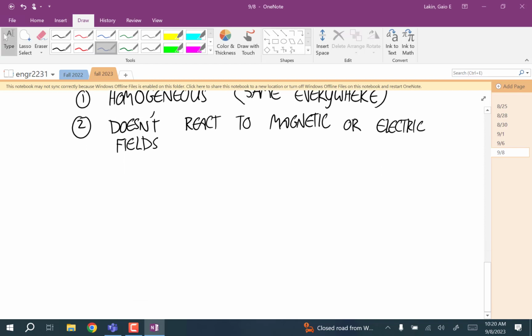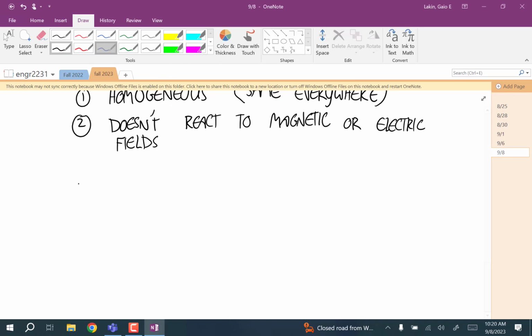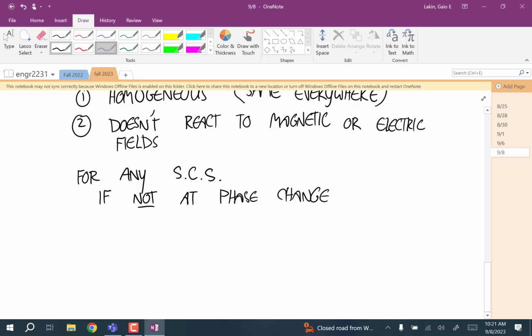Okay, for any simple compressible substance, this is really a foundational fact: if it's not at a phase change boundary, if you know any two properties, that's enough to specify the entire state.